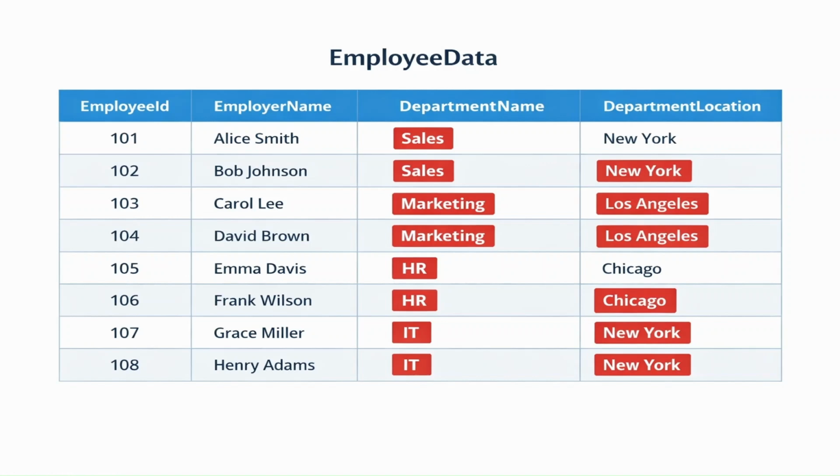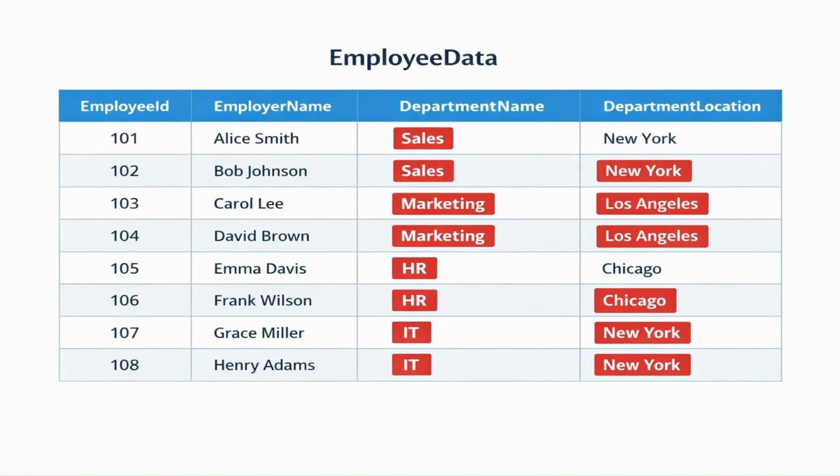Data duplicacy is one of the problems. You can see multiple duplicate entries over here across the department: sales, marketing, HR, IT. Same goes for the location. Multiple duplicate entries for the locations as well: New York, Los Angeles, Chicago, right? So data duplicacy is one of the problems.